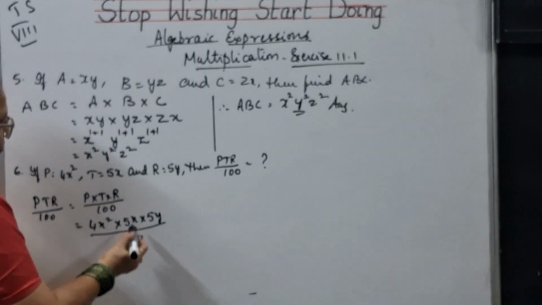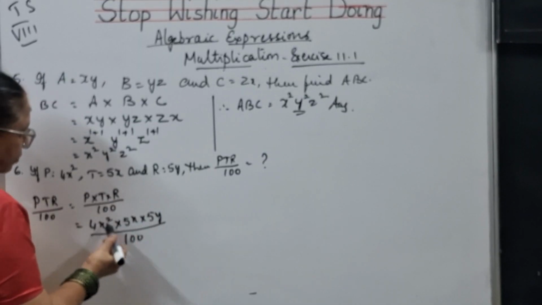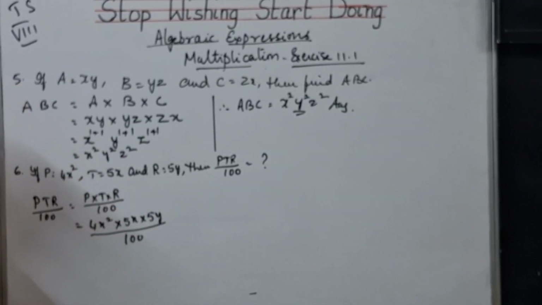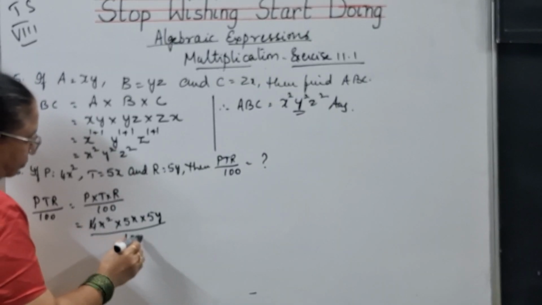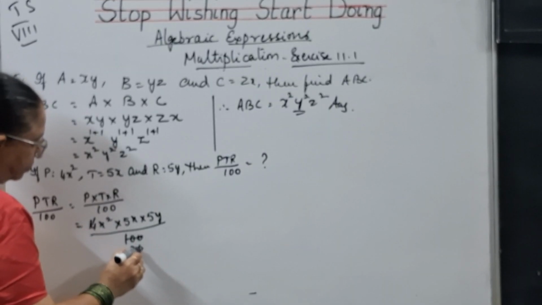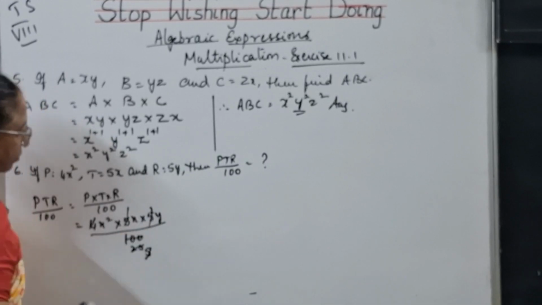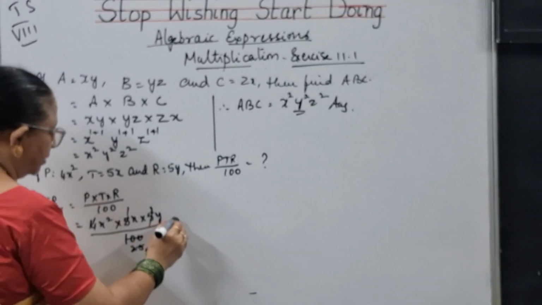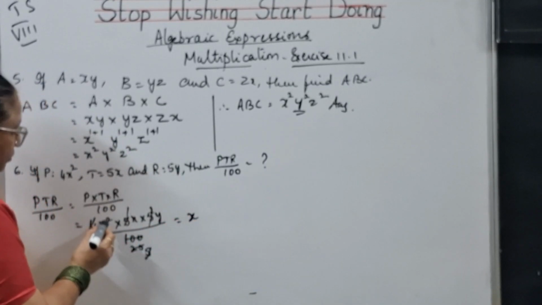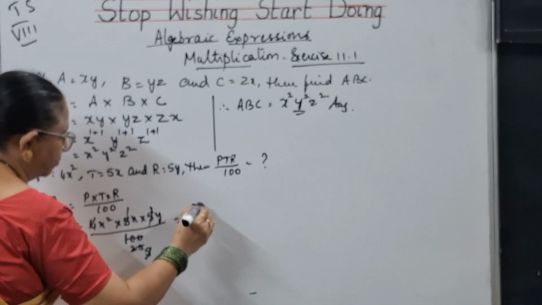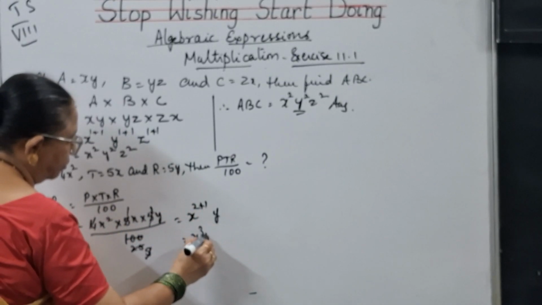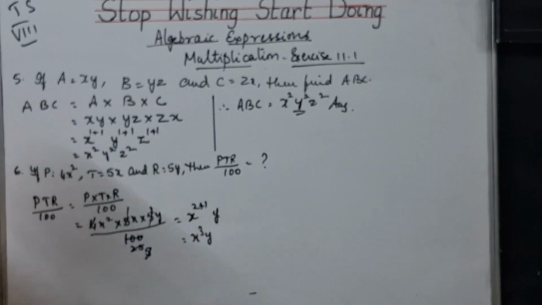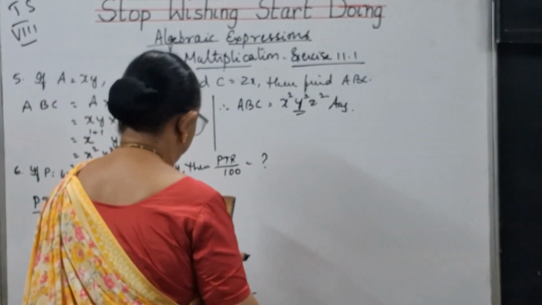So 5 5s are 25, 25 4s are 100. So either you can do it like that, or 4 25s are 100, 5 and 5 will get cancelled. So what are you getting? x to the power of 2 plus 1, and y. That is x cube y. So what is ptr by 100?